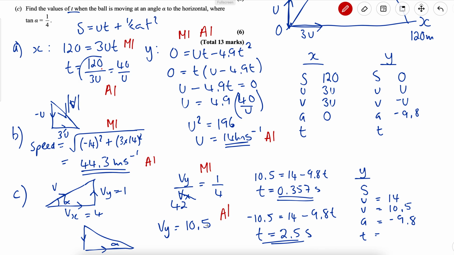Then there's a method mark for using a SUVAT equation. Doesn't have to be v equals u plus at again, but it does have to be a correct equation, not necessarily with all the signs correct and everything. You get an accuracy mark if everything is correct. Obviously, if there's one error, then you don't get that accuracy mark. You get an accuracy mark for 0.357 or 0.36 in fact, and then another accuracy mark for finding the second value there.